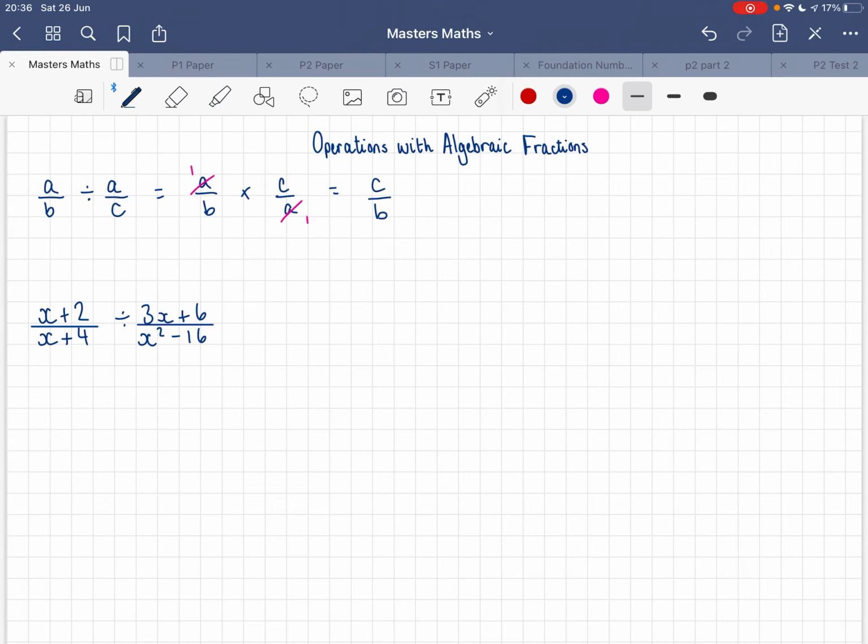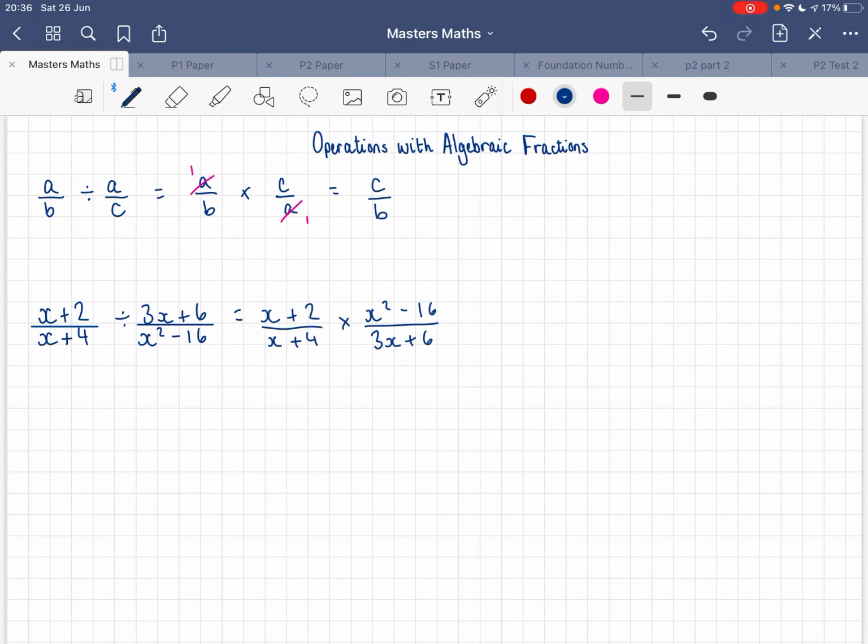And again, that becomes more useful when you have a more complex expression like the one below it. So we've got x plus 2 over x plus 4 divided by 3x plus 6 over x squared minus 16. So I'm first going to rewrite it as a multiplication. So we're doing x plus 2 over x plus 4 multiplied by x squared minus 16 over 3x plus 6.